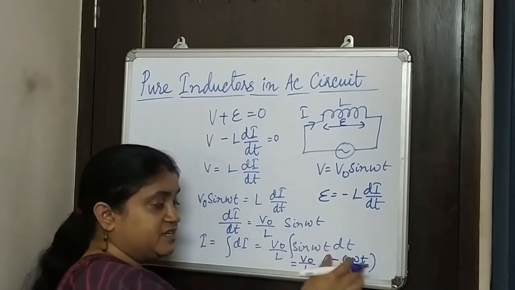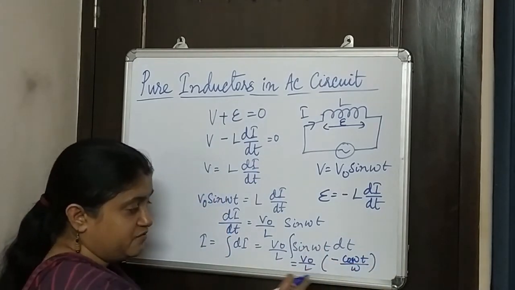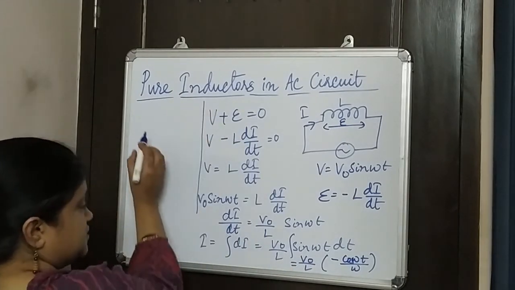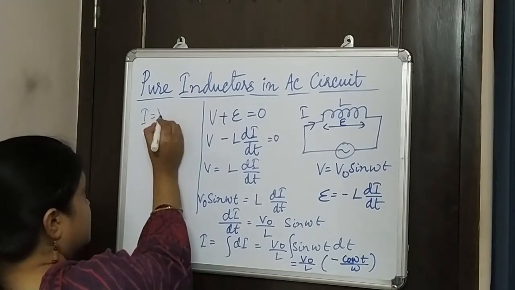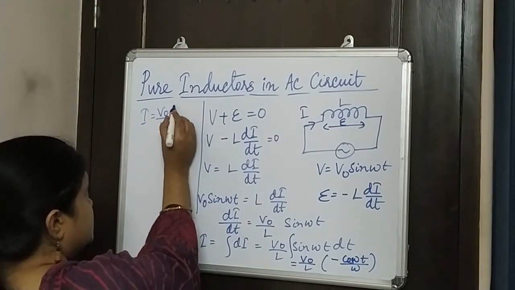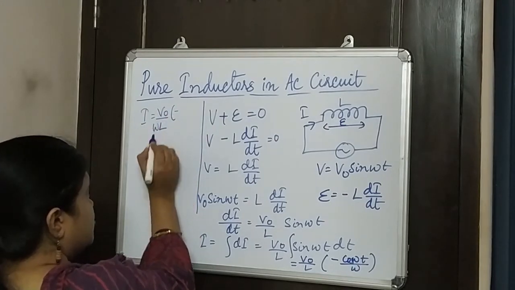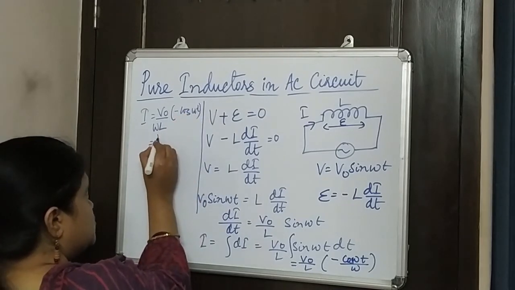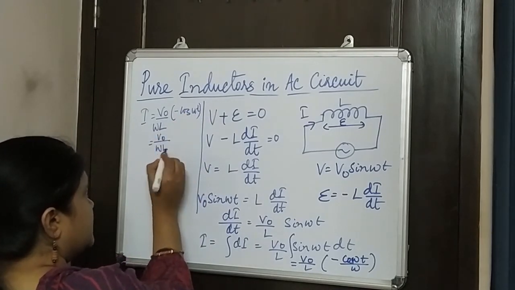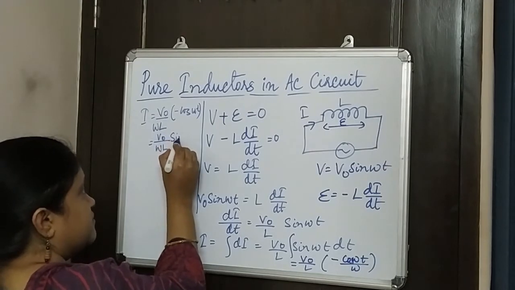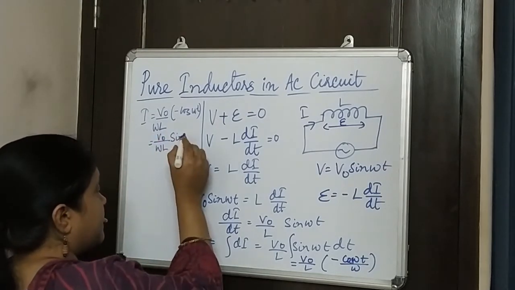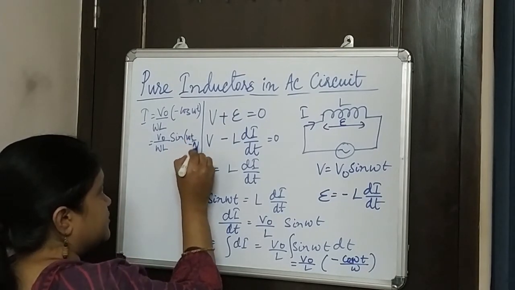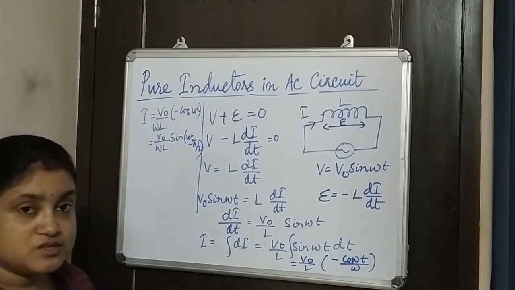So we can write I is equal to V naught by omega L times minus cos omega t, and this can also be written as V naught by omega L sine, because sine of theta minus pi by 2 is minus cos theta.